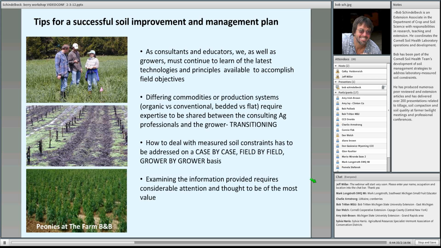Okay, and again, all this information, we really have to deal in a case by case, field by field, grower by grower basis. So even when we learn principles and strategies somewhere at a conference, at a particular grower's field, we need to take from that the principles and say, can I use those principles back in my locale?